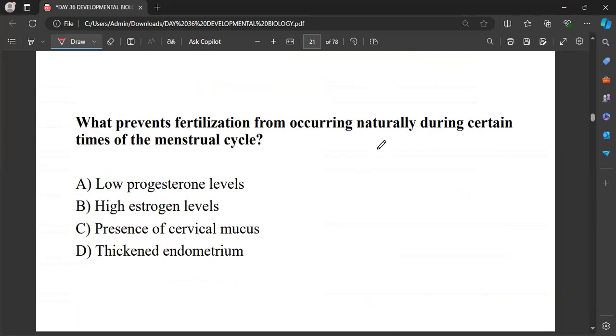What prevents fertilization from occurring naturally during certain times of the menstrual cycle?